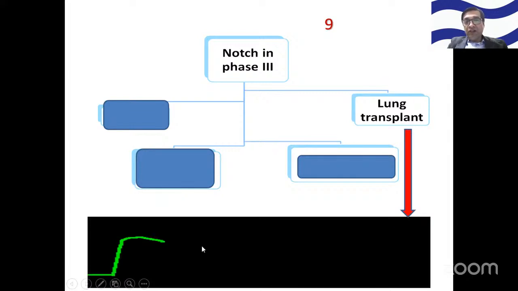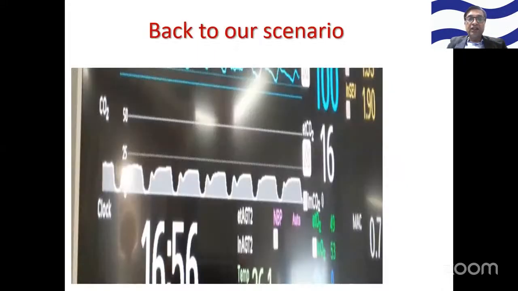Your plateau will remain a little the same, but you will have a little dip from the transplanted lung. But the dip is not as much as we saw in a kyphoscoliosis patient. So you can diagnose curare cleft, lung transplant, and kyphoscoliosis from a notch in phase three. Right. So if you get a notch in phase three, you can straightaway relate it to the diagnosis.